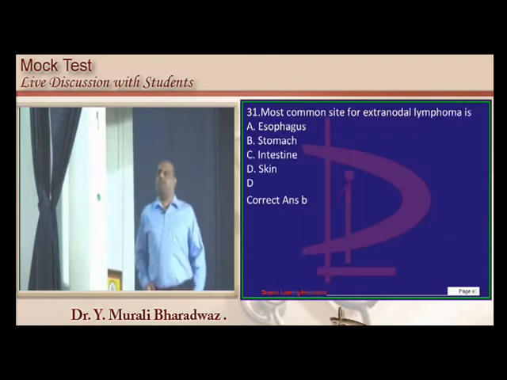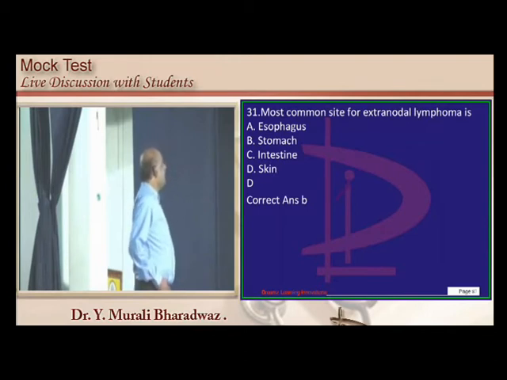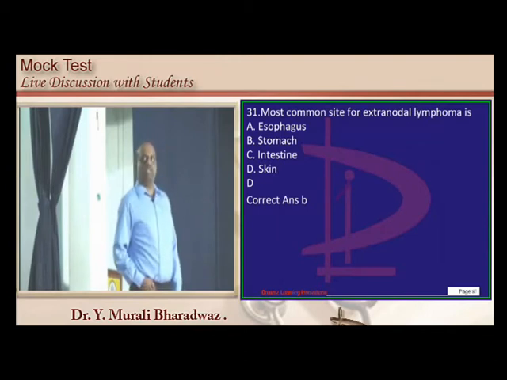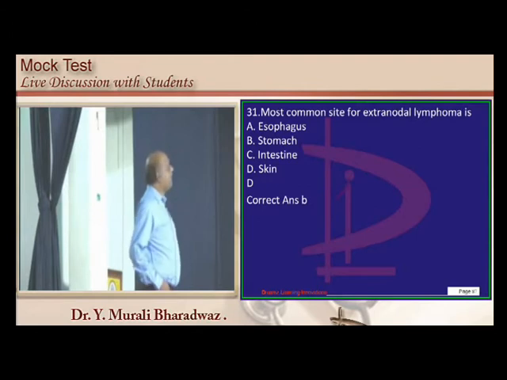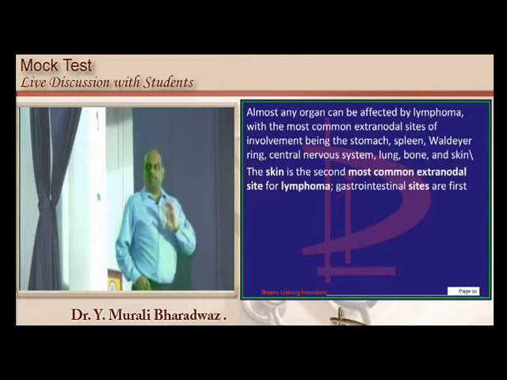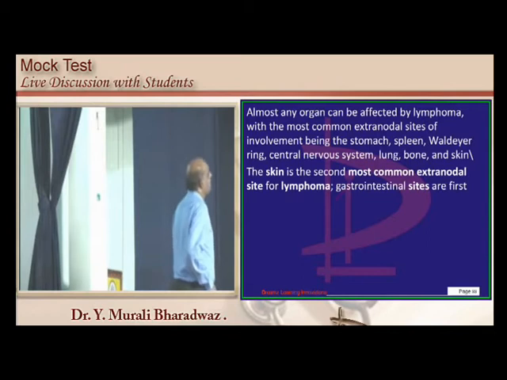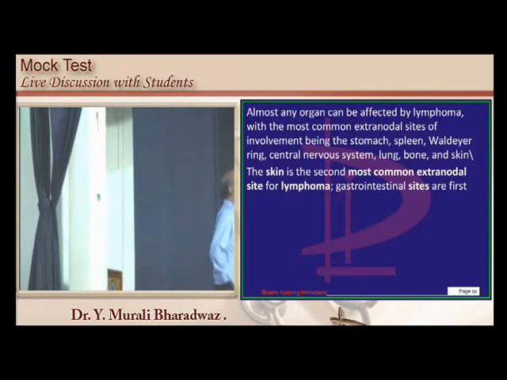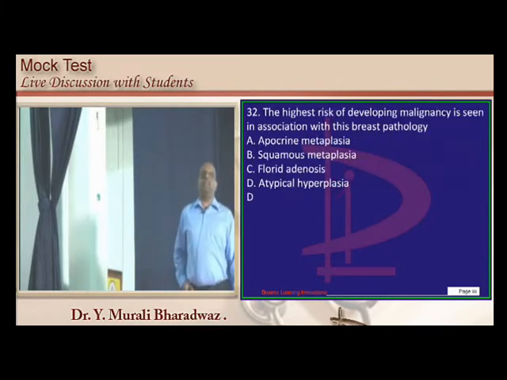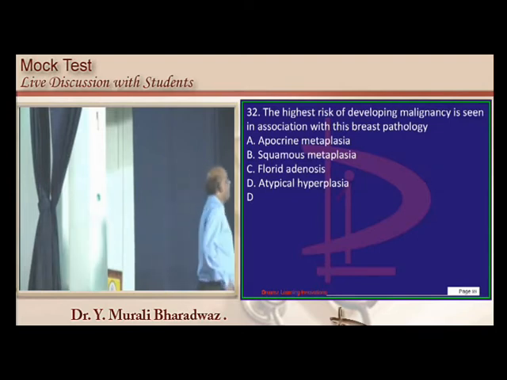What's the most common site of extranodal lymphoma? I got one key as skin, original key, but it is the stomach, gastrointestinal most common. In that, stomach is the most common extranodal site for the development of lymphoma, is what you have to basically appreciate. Atypical hyperplasia has a very high tendency to lead to the development of malignancy.